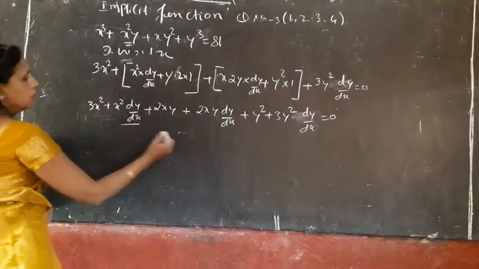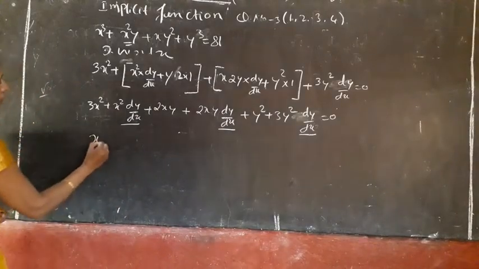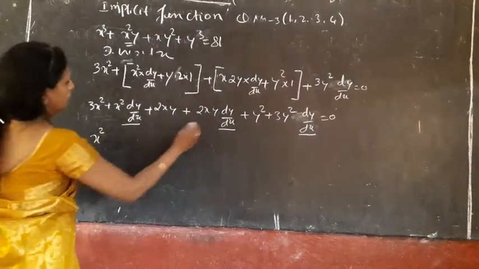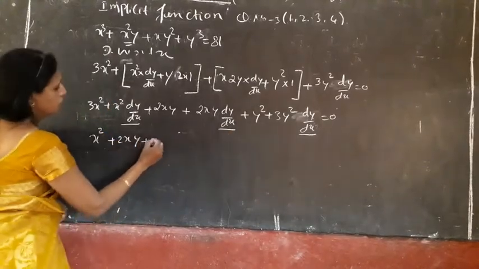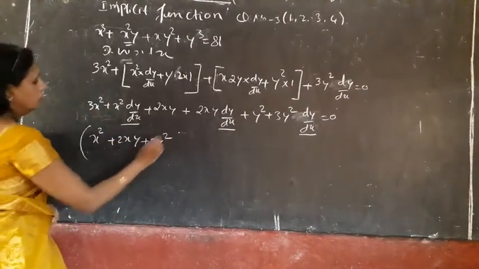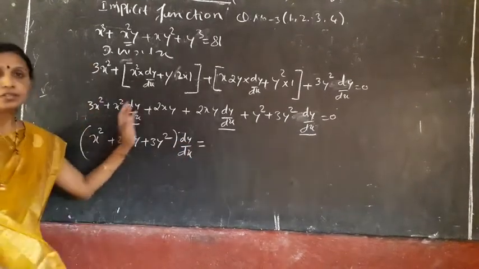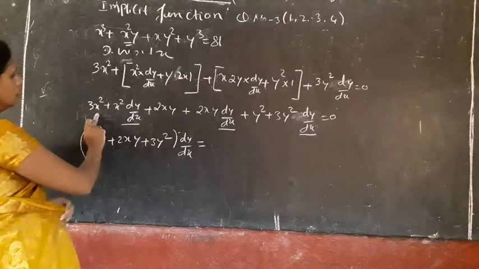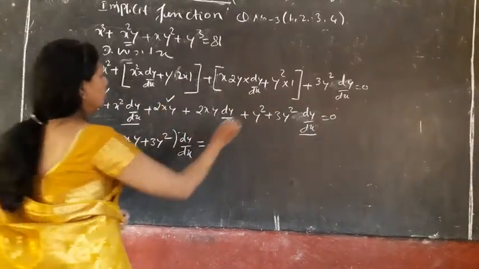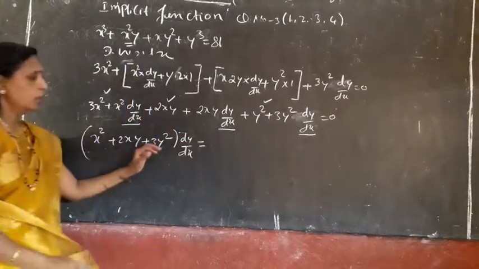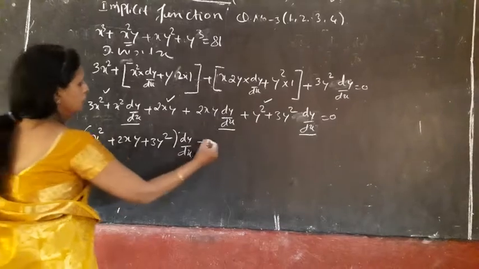Now collect the terms of dy upon dx, that is x square plus 2xy plus 3y square. These are the terms of dy upon dx. Next, transfer the simple terms: here 3x square, 2xy and y square. We are going to transfer these terms to the RHS, therefore the signs are going to change.